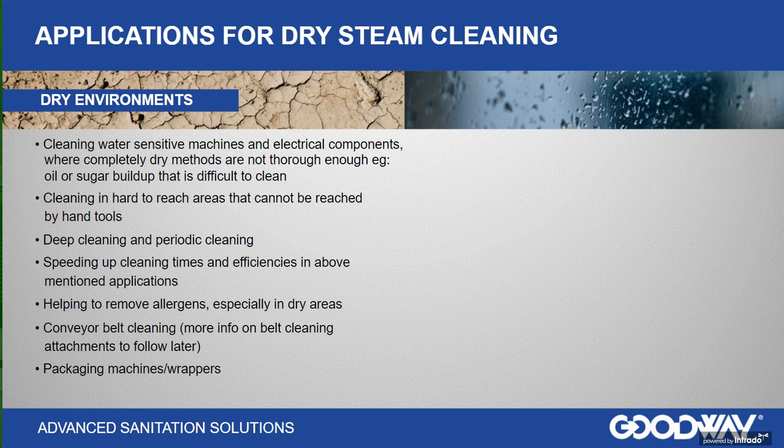Also in areas where we want to limit the amount of moisture introduced into the environment in general, any manufacturing of dry ingredients or bakeries after the ovens or dry pet food or confectionaries, areas where we purposefully take the floor drains away because we don't want water or wet cleaning in those areas. Dry steam does an excellent job helping to bridge the gap, and is an excellent tool in the arsenal for your sanitation program. So it's not just for dry environments.